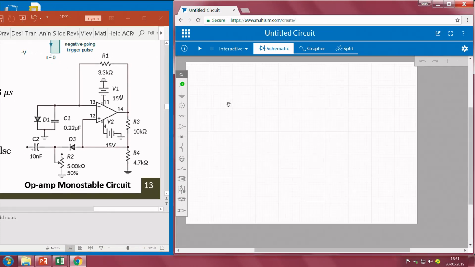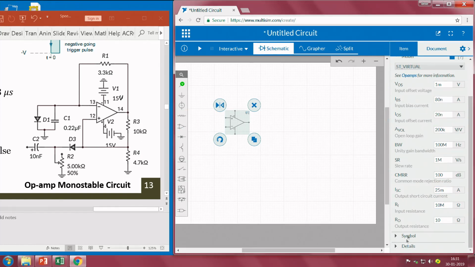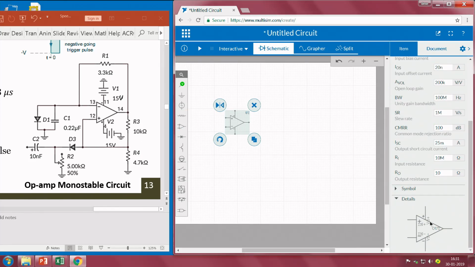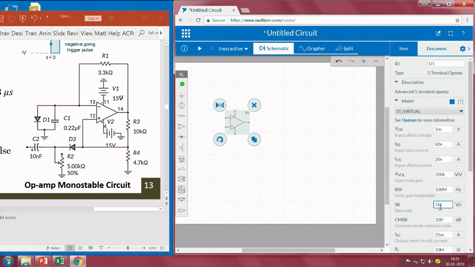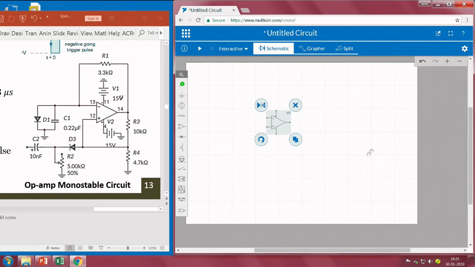So, one thing is that I require one op amp. I will take a 5 terminal op amp here, connecting in the same fashion that we have seen there, or you can also swap.